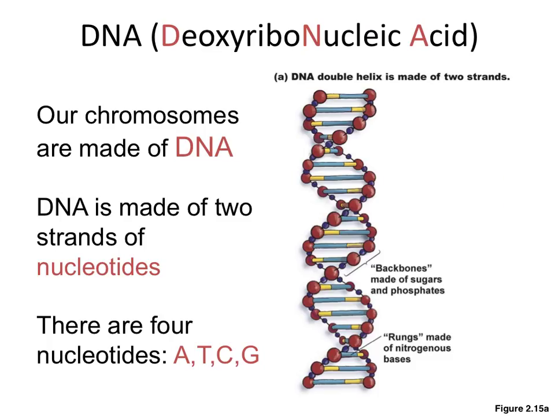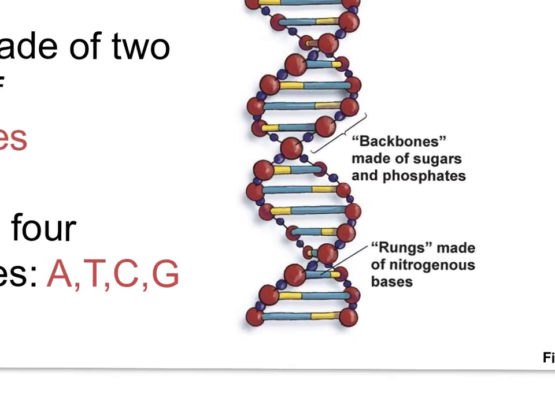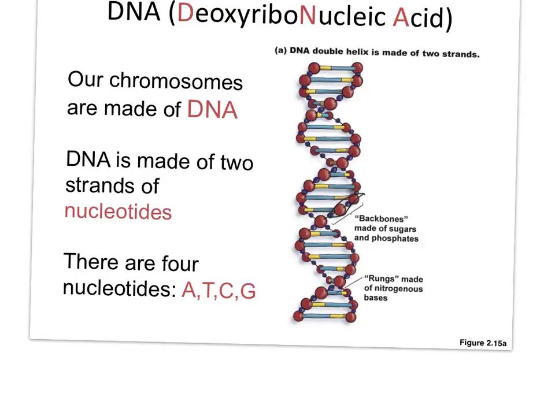Okay, so let's take a look at DNA. Our chromosomes are made up of DNA. The backbones are made up of sugars and phosphates. Okay, these things right here. So if we go to the, there we go. So I'm tracing half of the double helix, and these are made up of sugars and phosphates.